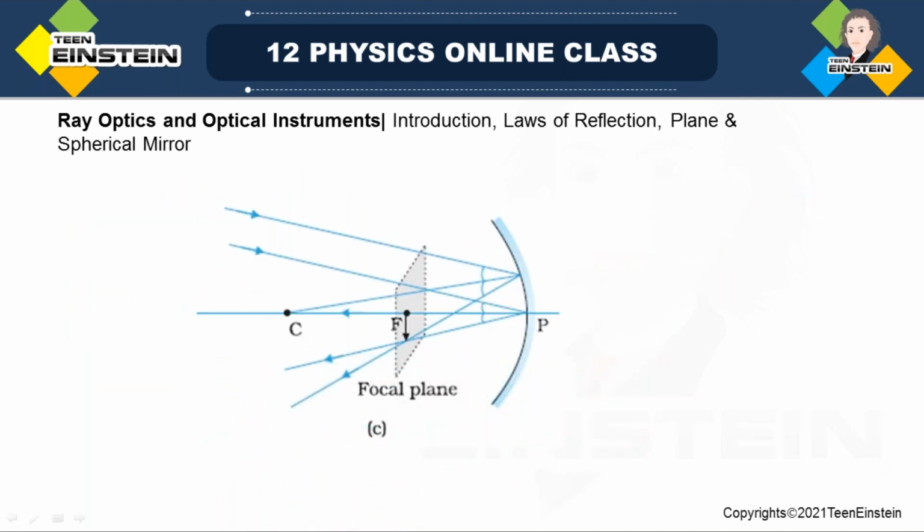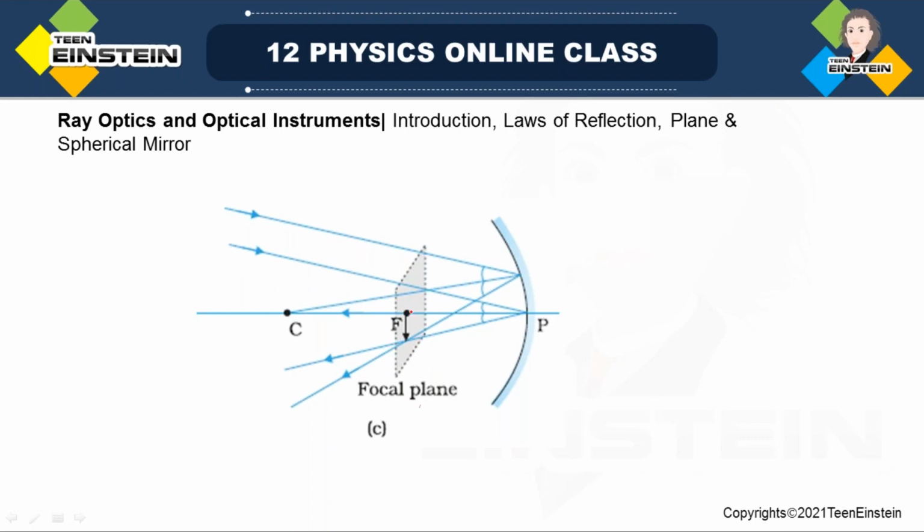Okay, one more thing. The plane which is perpendicular to the principal axis and passing through the principal focus is called the focal plane. So see, this is a plane perpendicular to the principal axis, and the plane passing through the principal focus is called the focal plane.